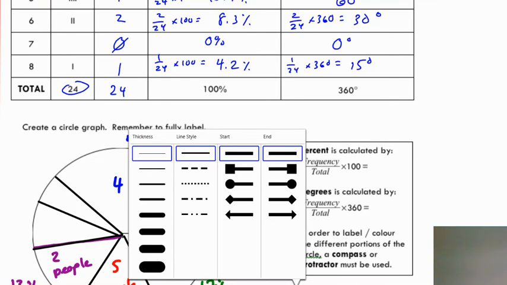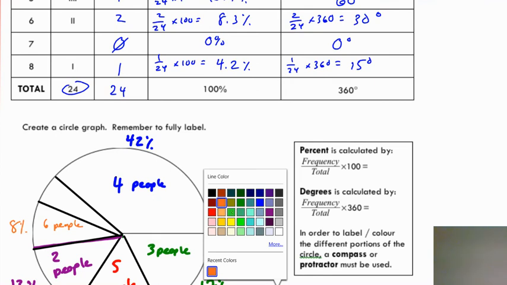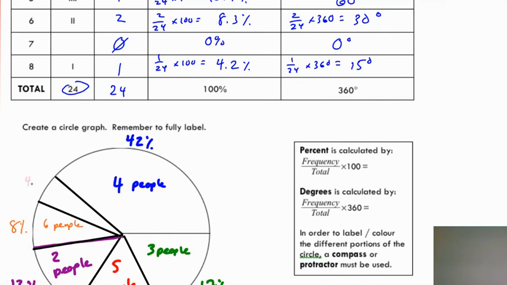So we have 8%, and that would be a family of 6 people. Okay, and then we have the smallest group is 4%, and that was a family of 8 people.